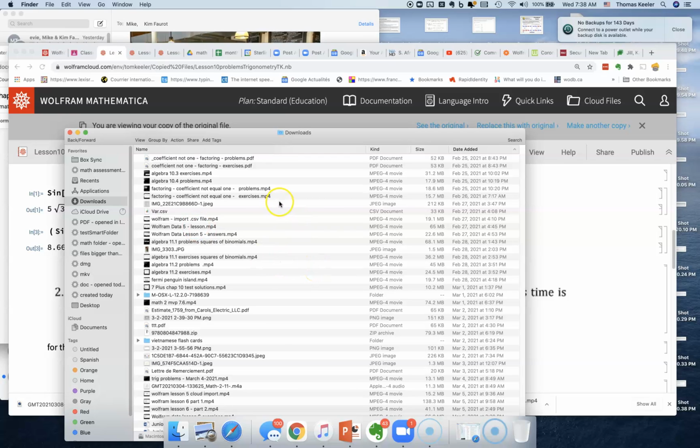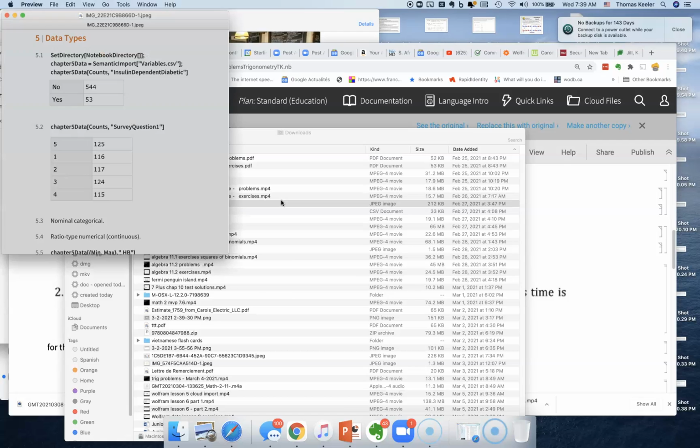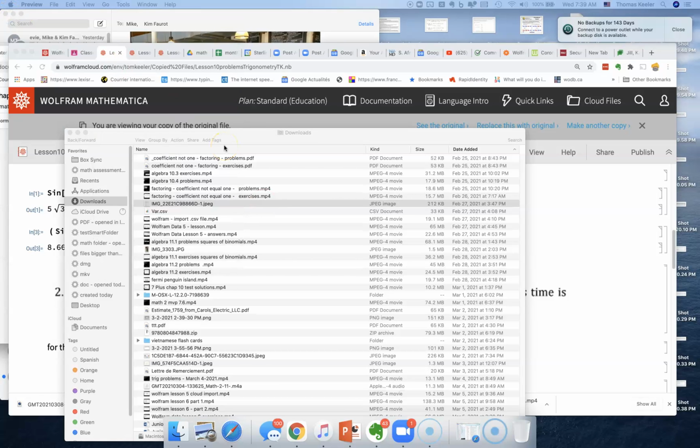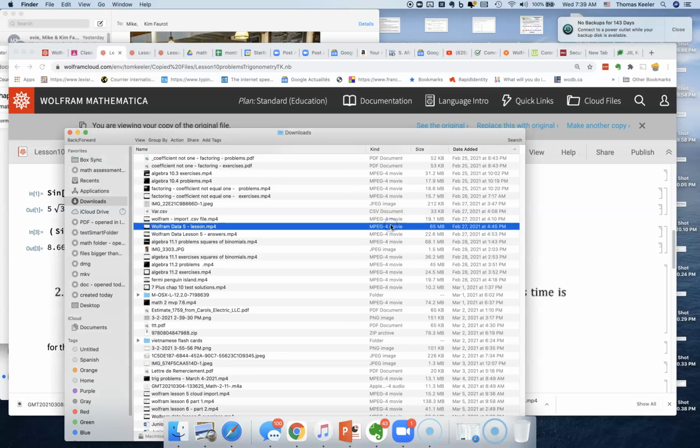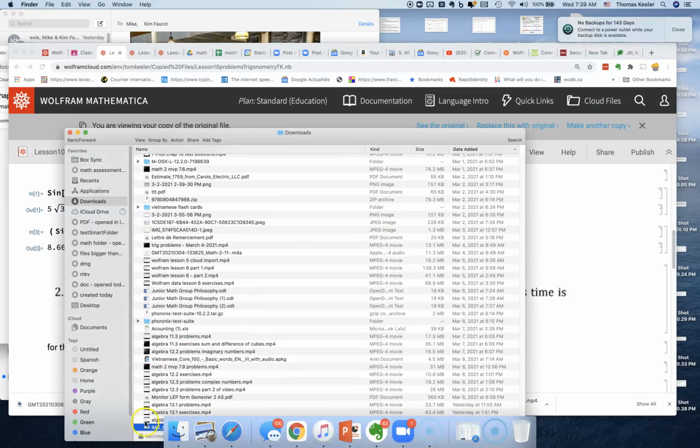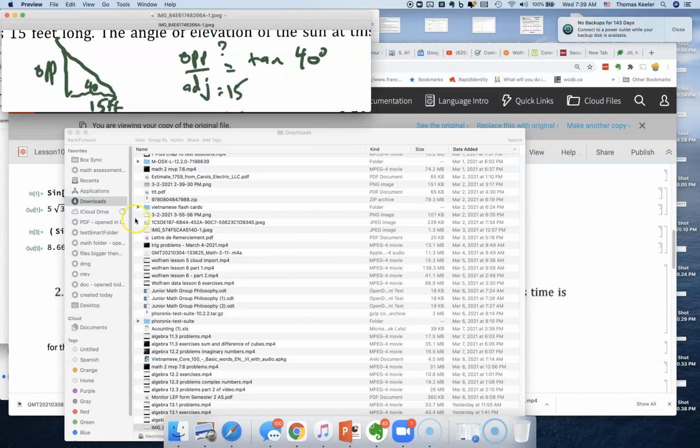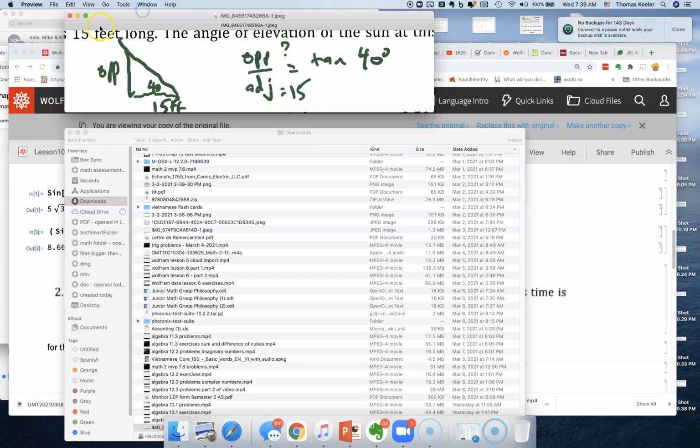Let's say I'm in the downloads, I go down. That didn't work. I never remember if it's option down. Yeah, option goes down. And so here's my image. Okay, and I can just take a screenshot of that.